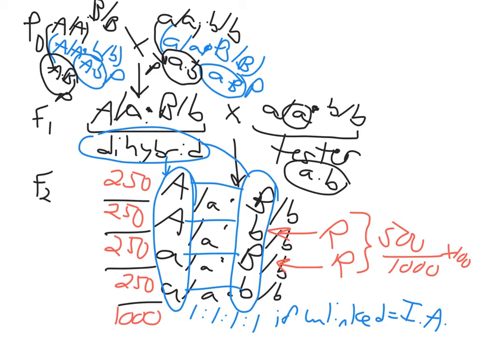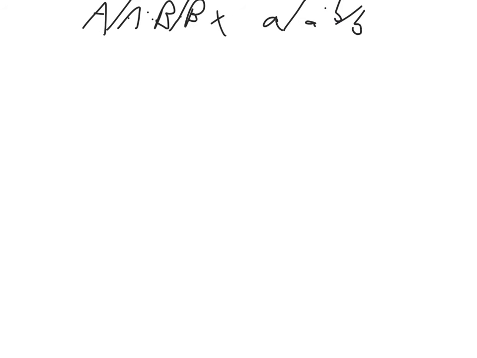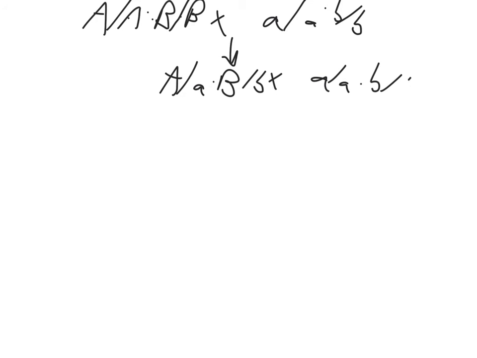Now, let me make up some F2s. We're going to assume it's the same cross design. So P generation is capital A's and capital B's on one parent, small a's and small b's in the other. Make a dihybrid that way. You cross it to a tester, all lowercase letters, and that produces our F2s.